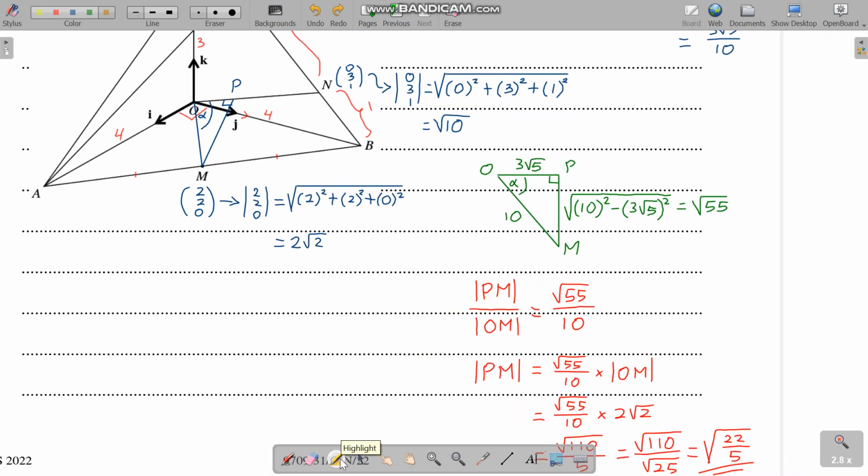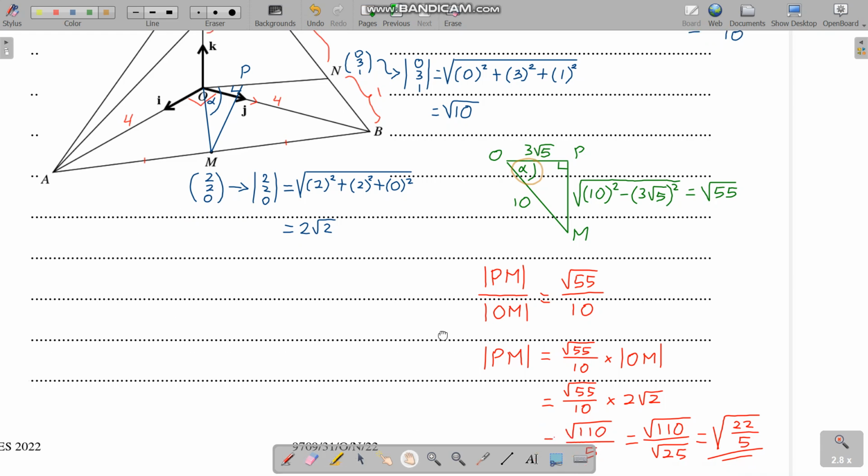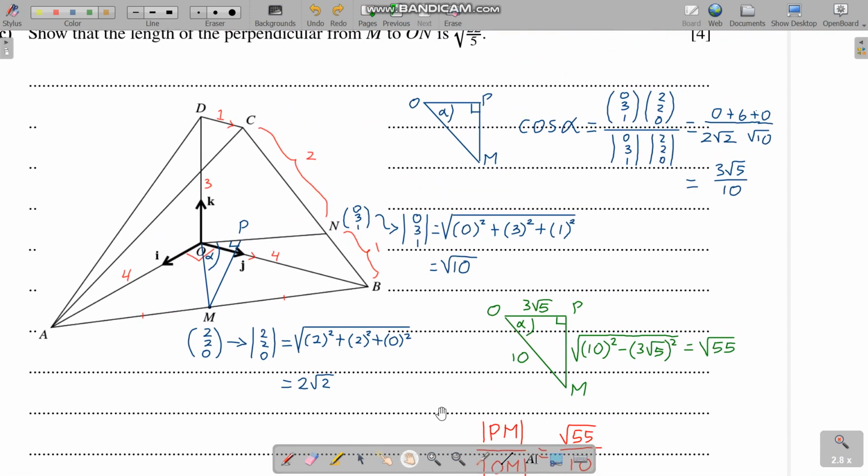And then if we draw the triangle OPM, we know the trigonometric ratio for alpha, because cos alpha is 3 root 5 over 10. This is cos, adjacent over hypotenuse. And if we know two sides of a right angle triangle, we can use Pythagoras to find the other side.